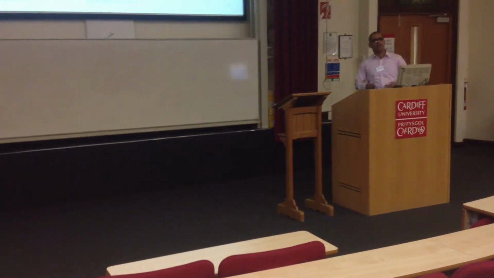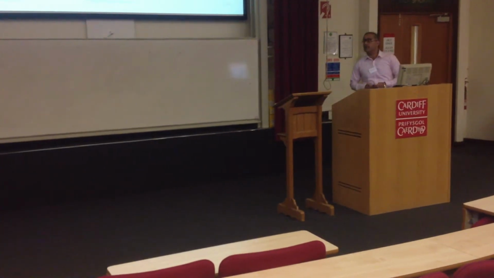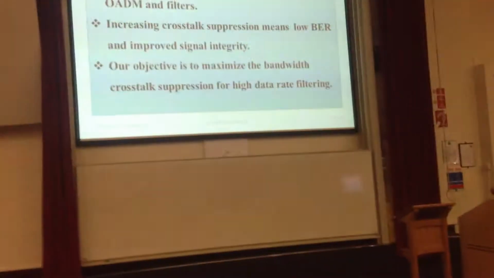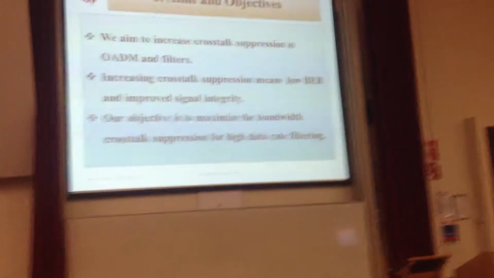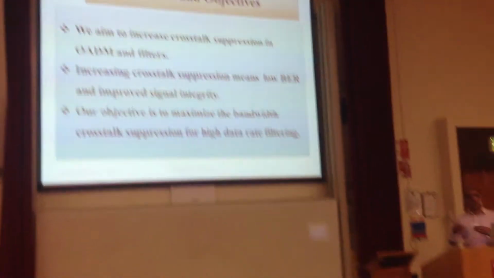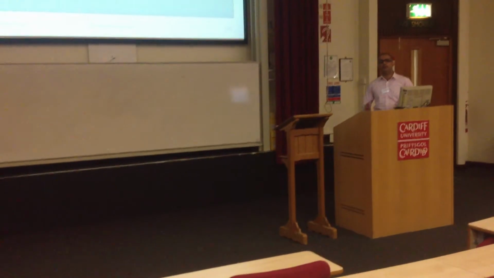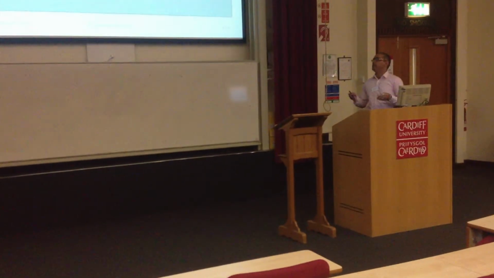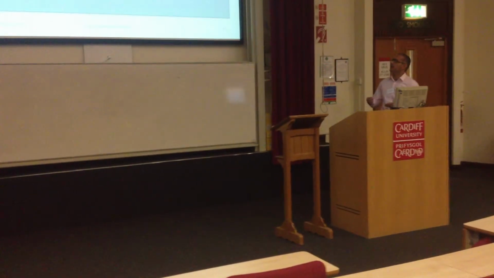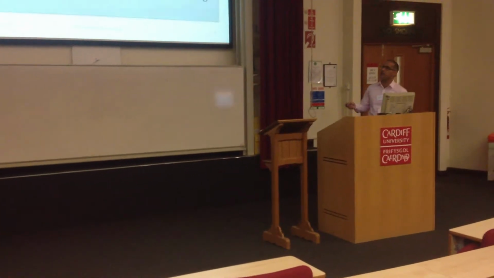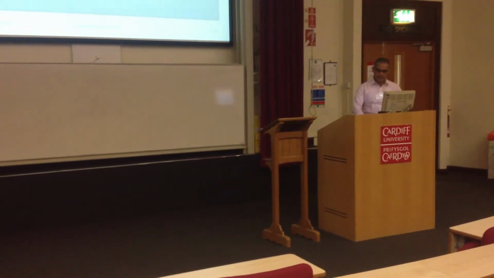Therefore, we need to improve the signal integrity and reduce the bit error rate in the optical network. Our objective is to increase the bandwidth over which high crosstalk separation is maintained, so we can increase the data rate in the system.